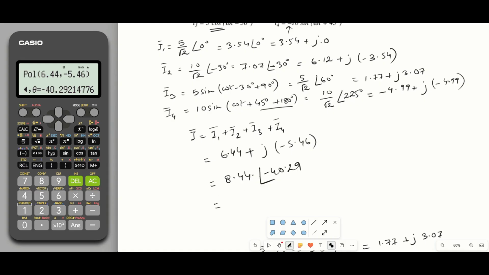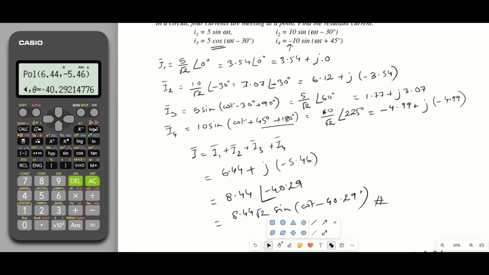Now if you convert this into the sinusoidal term, it will be 8.44 into root 2, then sine of omega t minus 40.29 degrees. So this is the answer. So this is another form.